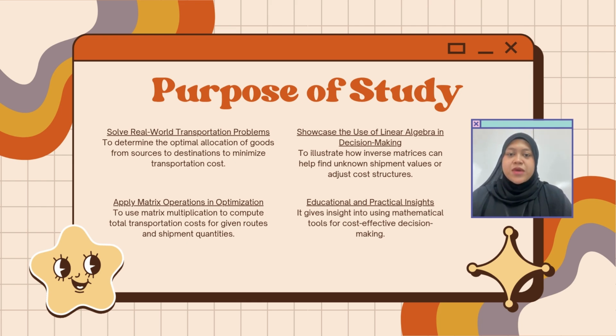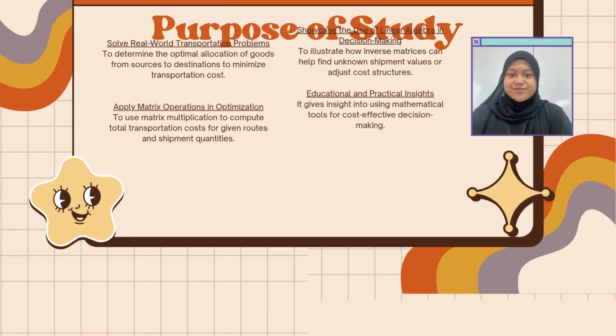Next, apply matrix operations in optimization, to use matrix multiplication to compute total transportation costs for given routes and shipment quantities. And lastly, educational and practical insights. It gives insight into using mathematical tools for cost-effective decision making.